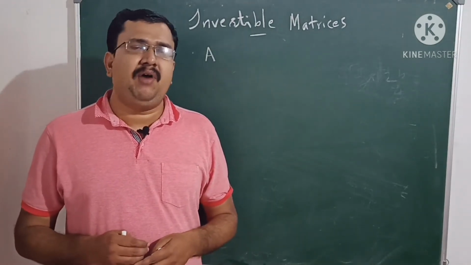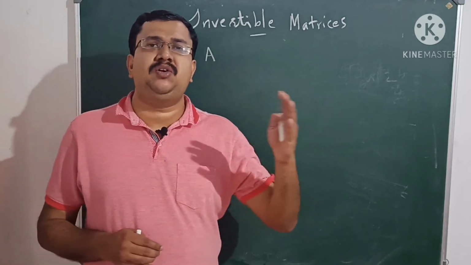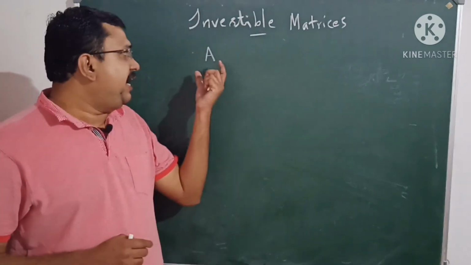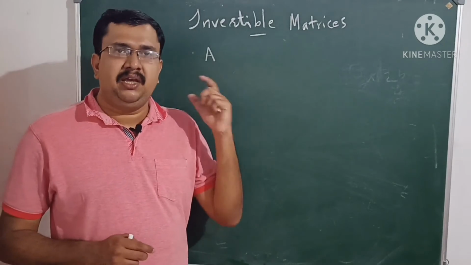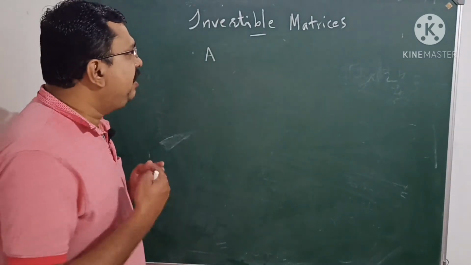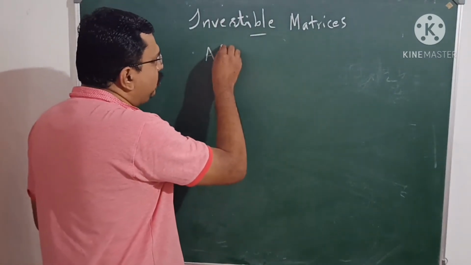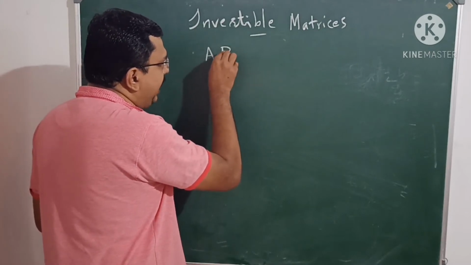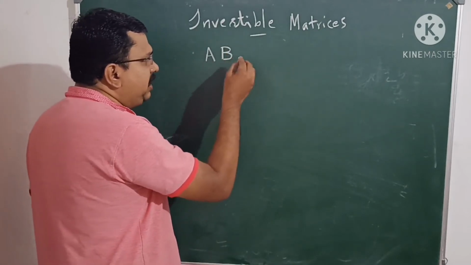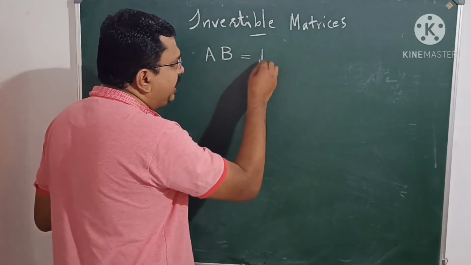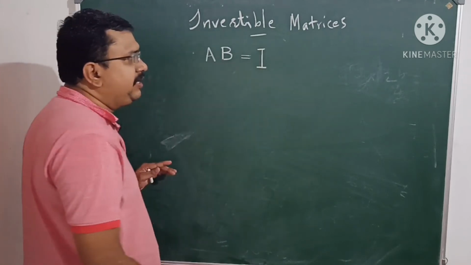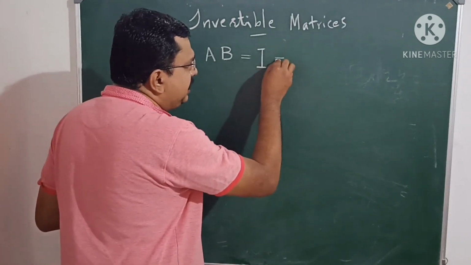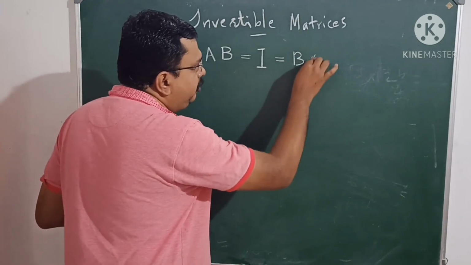That is, we want to find out the inverse of A. If A is a square matrix and it is invertible, then we can find another square matrix B such that A into B is equal to I, I meaning the identity matrix, or that is equal to B into A.